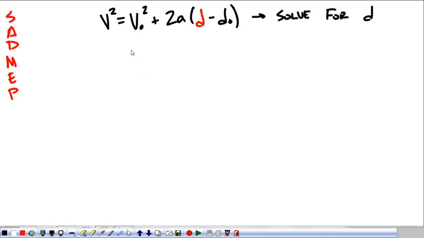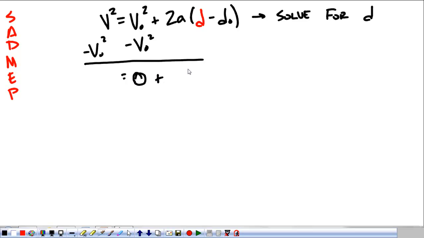So the first thing that we're going to do is from each side subtract v0 squared. I have to do the same thing to each side. Now, if I subtract v0 squared from v0 squared, I get 0. So v0 squared has gone away on this side.